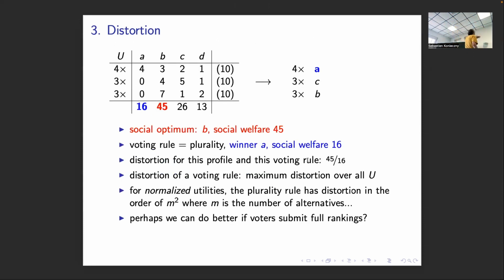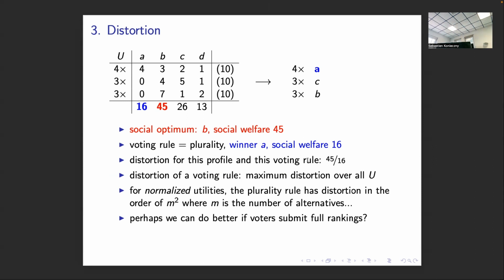First example. This is a utility matrix. We have 10 voters, 4 candidates, and these are the values that the voters give to the candidates. These 4 voters give value 4 to A, 3 to B, and so on. You see that the utilities are normalized: they sum to 10.